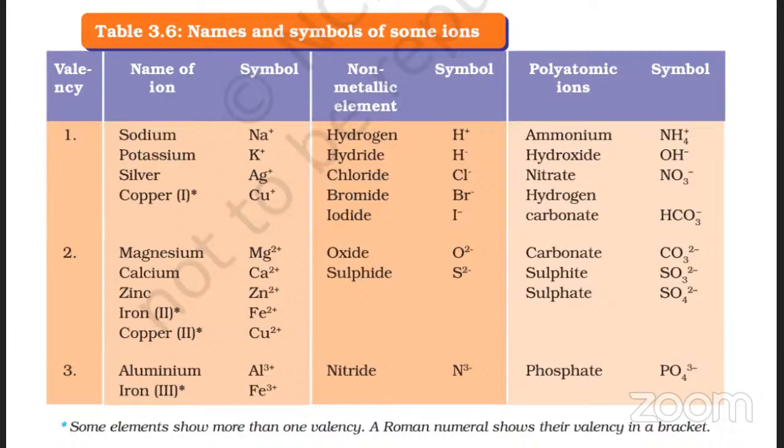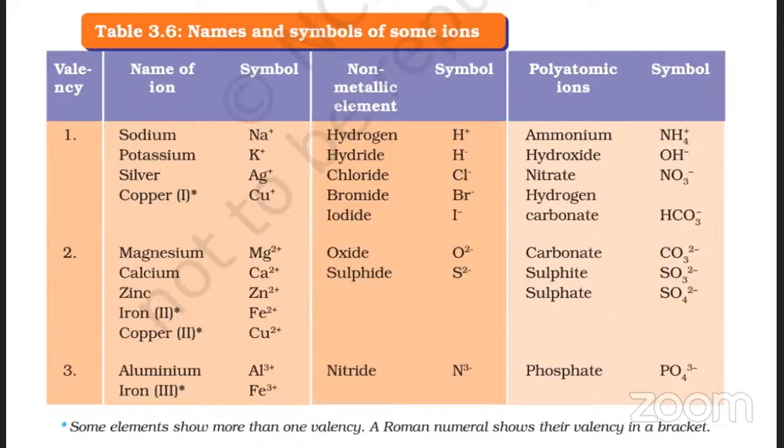Basically, we are denoting the charge, which is nothing but its valency. Sodium's valency is +1, so we are denoting +1. One we are not writing usually. Potassium is also +1, like that. Copper's valency is +2.